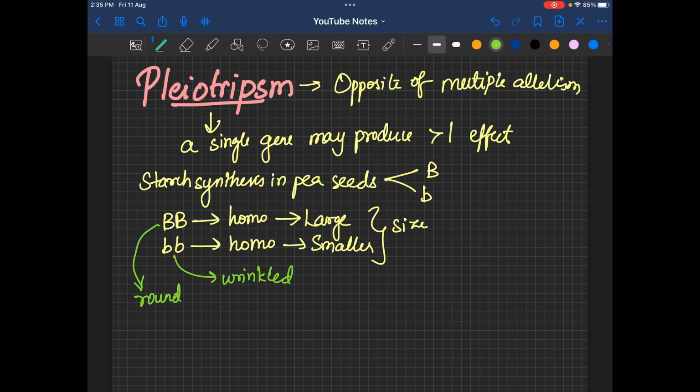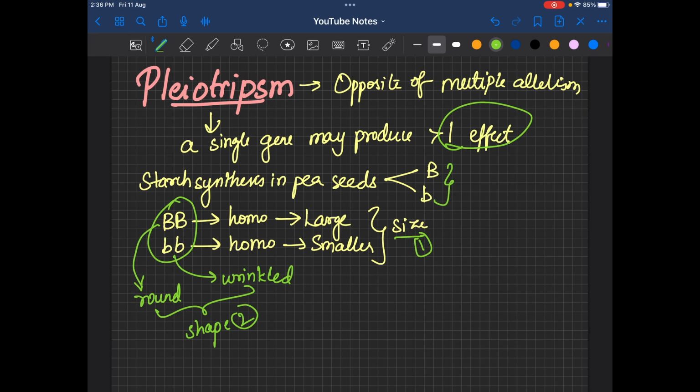Now why do we call it pleiotropism? Because of more than one effect. One is the size, and this is about the shape. So shape and size are controlled by the same gene, capital B and small b. So only one gene controls more than one effect, that is, one is size and the second is shape.